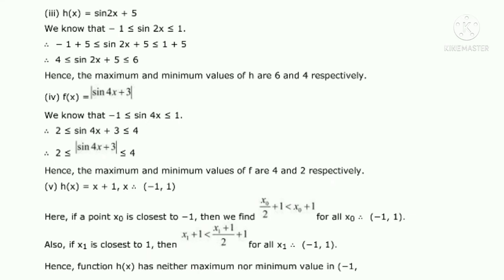After calculating, we get 4 is less than or equal to sin 2x + 5, less than or equal to 6. In place of sin 2x + 5, we can write h(x). So the h(x) value lies between 4 and 6. From here we can easily say the minimum value is 4 and the maximum value is 6. Hence, the maximum and minimum values of h are 6 and 4 respectively.